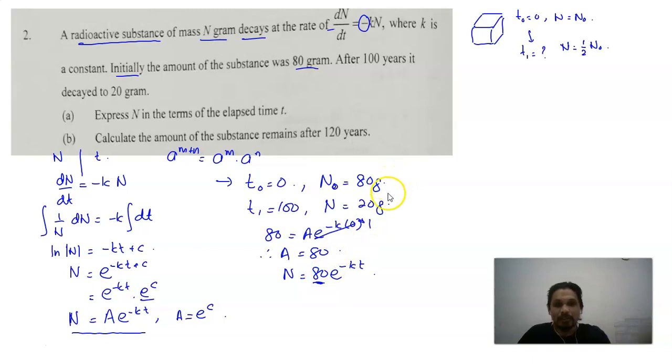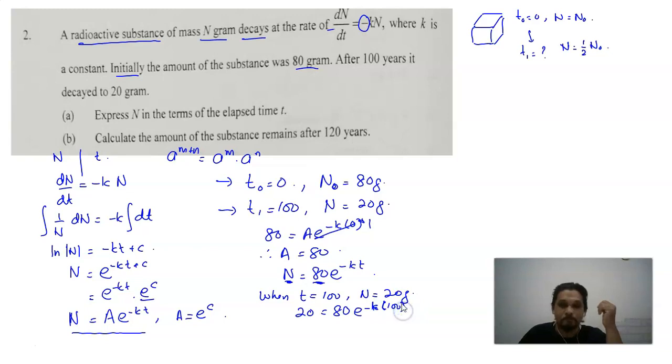We found that it's 80 grams, and then after 100 years, you use the next information given in the question. When t equals 100, the current mass N is 20 grams. So now 20 equals 80 e to the power of negative k, with t equals 100.